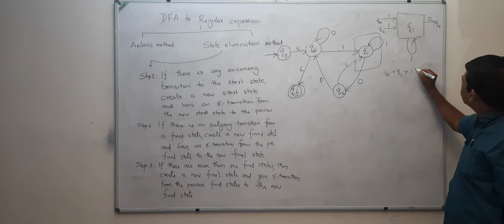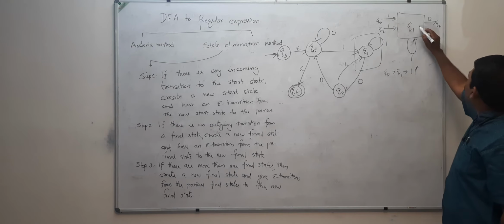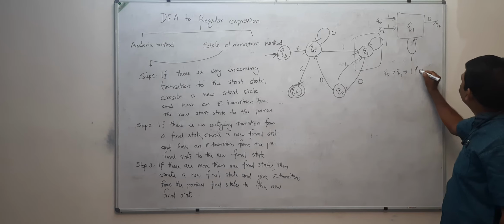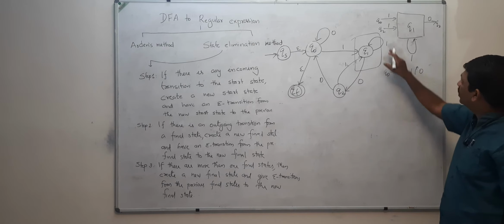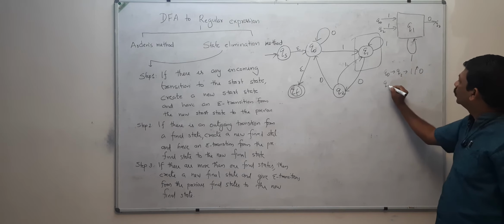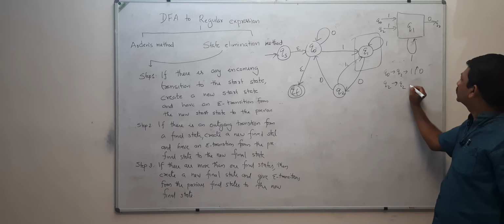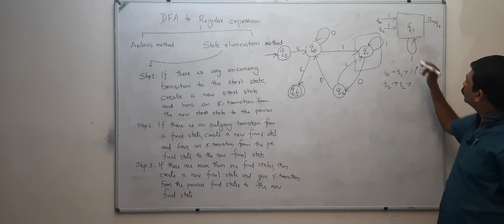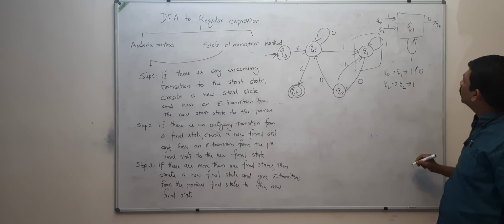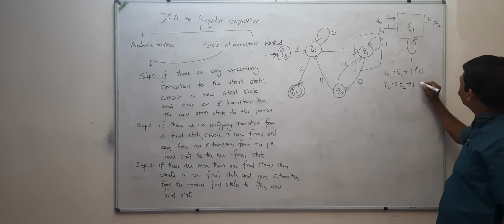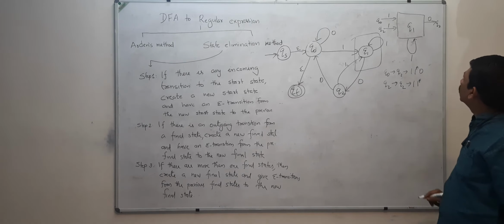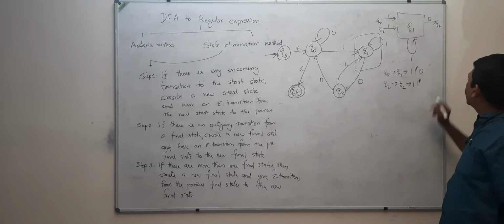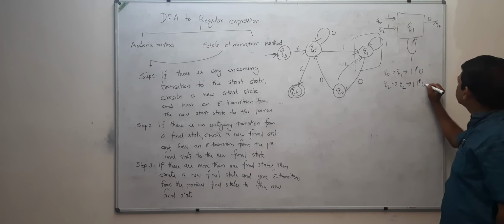For 1 star it is staying here, and for 0 it will go to Q2. And what about Q2 to Q2? From Q2 on 1 it reaches Q1. For 1 star it is staying here, and for 0 it will exit.